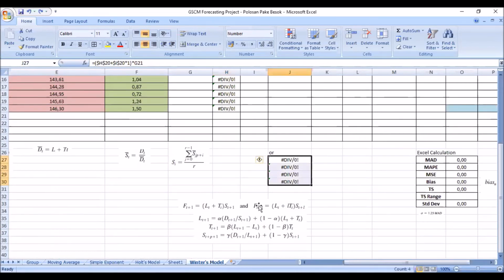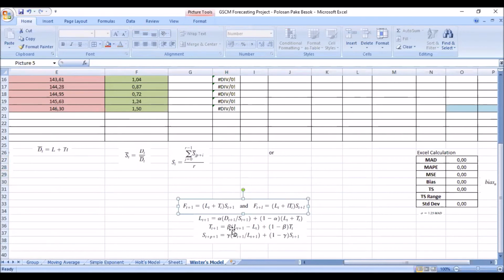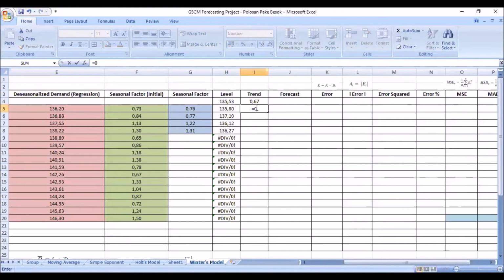And then we're going to code the trend, which is beta multiplied by the current level minus the previous level, plus 1 minus beta multiplied by the previous trend, which is the same as the way to find trend in the previous Holt's method. And there we have it.